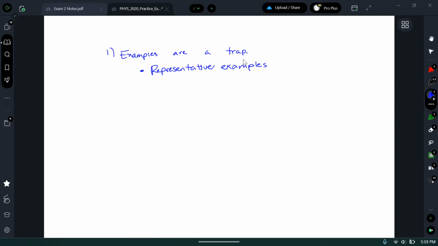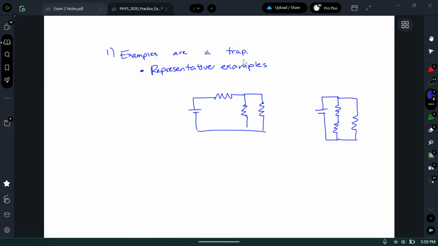What I mean by that is, say, for a series and parallel kind of circuit, you may have on your cheat sheet something like this circuit, but then on the exam, you get something like, I don't know, maybe something like that.